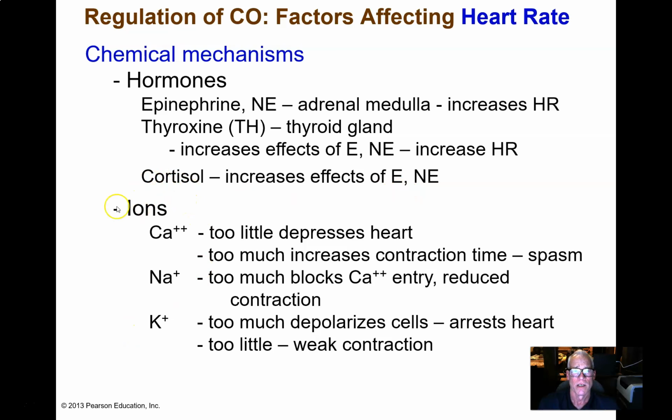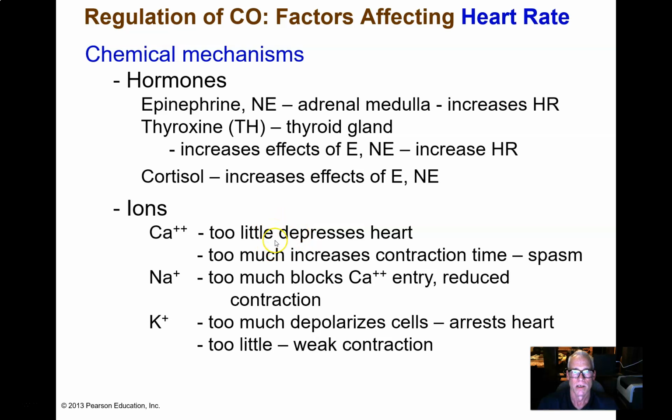Ions, all the ions involved in the action potential, sodium and potassium, calcium, the switch for contraction, if they're not in the right concentrations, it will interfere with heart rate. So we won't get way into memorizing that, just so you know that if there's too little calcium around, we want to depress the heart because there's not enough calcium to be released from the sarcoplasmic reticulum to trigger the cross-bridge cycling.